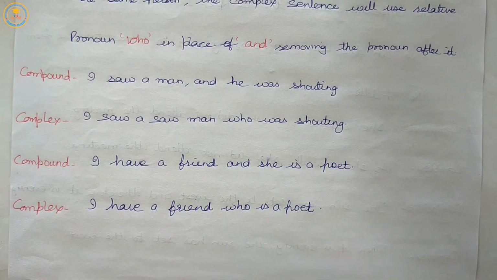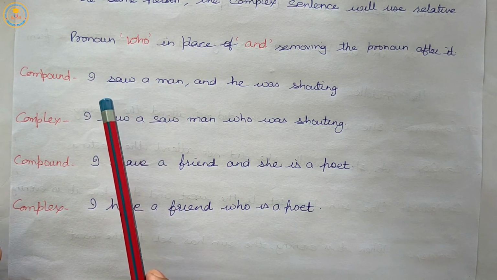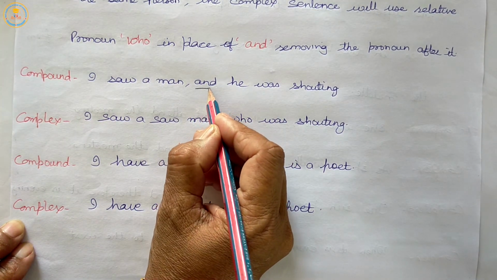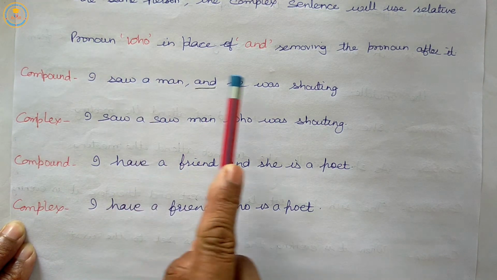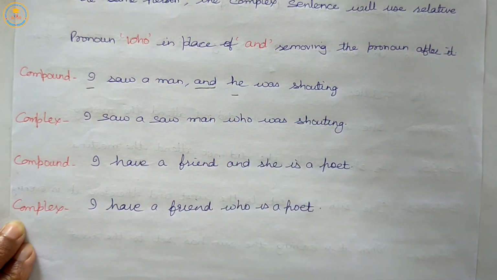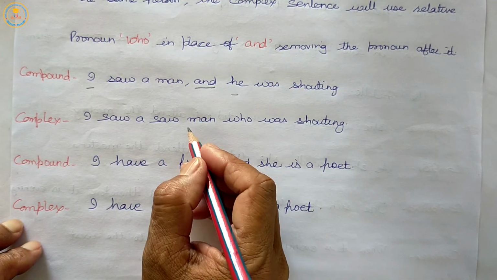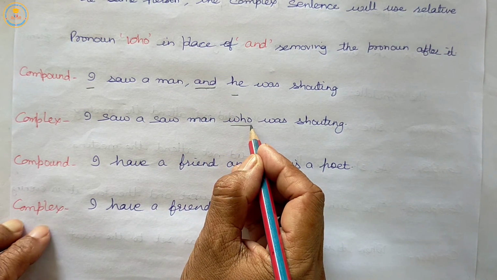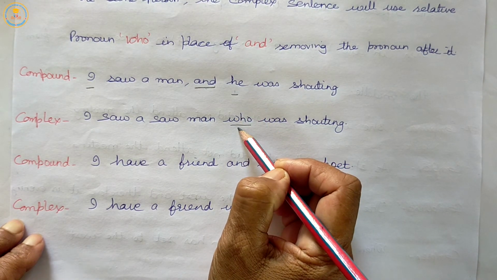Let us clear it with the example. So what is our rule? The fifth rule tells that if there is "and" in the compound sentence that connects two different clauses about the same person, then the complex sentence will use the relative pronoun "who" in place of "and", and we will remove the pronoun after "who".